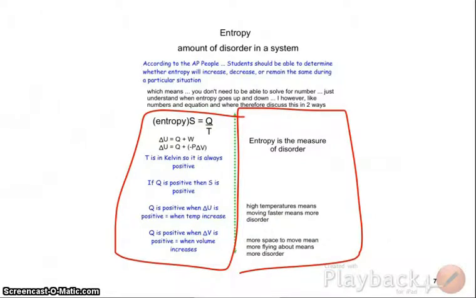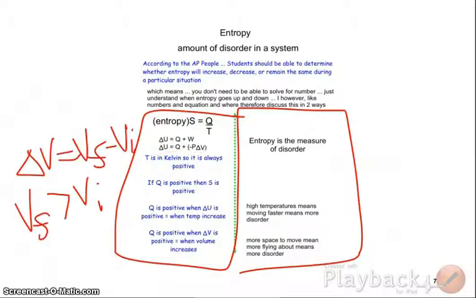So when your volume increases, W increases, so you end up with a positive Q. So when your final volume is greater, then you're going to increase your entropy.